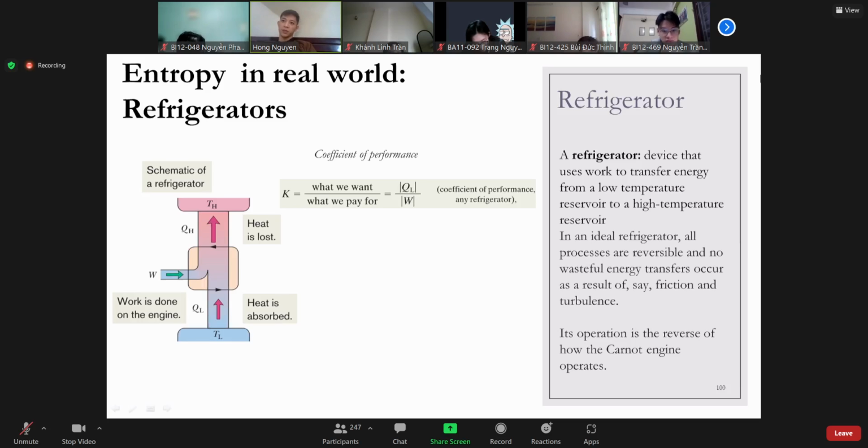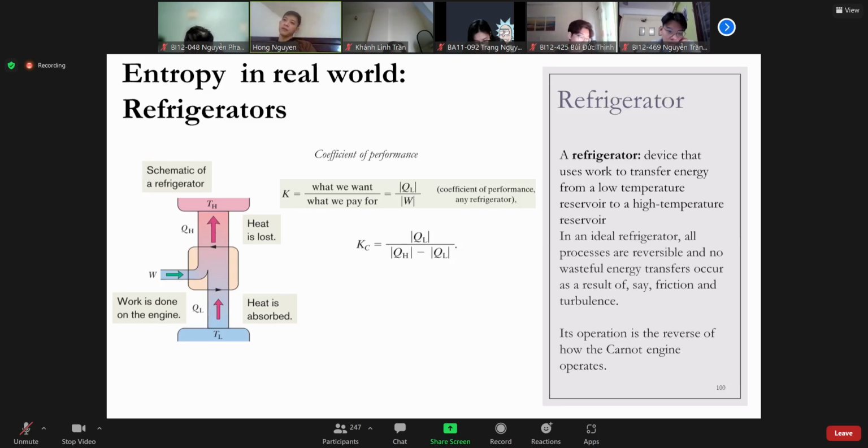This is still also the same. What we want is the heat to be extracted from the cold reservoir. And what we need to pay for is actually the work. Right? This one we need to transfer a certain amount of heat from the cold reservoir here. Yeah, and what we need to pay for to do it is the work.